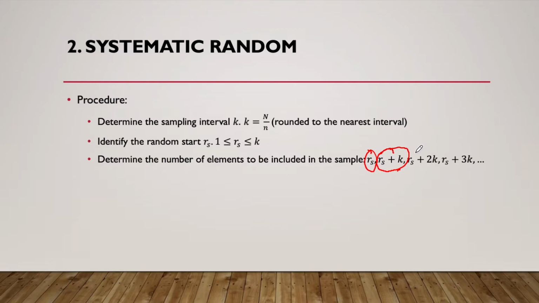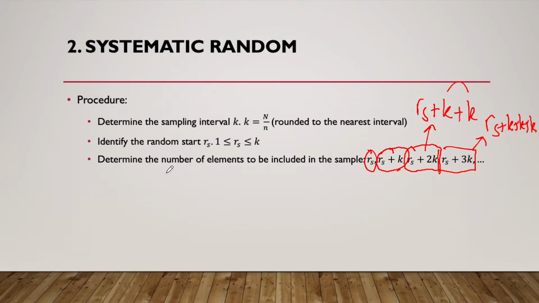Next is your random start plus twice your k, that is k plus k. In essence, this looks like random start plus k plus k. So that is your second interval. Then the next one is the random start plus 3k, that is r sub s plus k plus k plus k, so that you are already on the third step of the interval. So that's how you determine the number of elements in your sample.